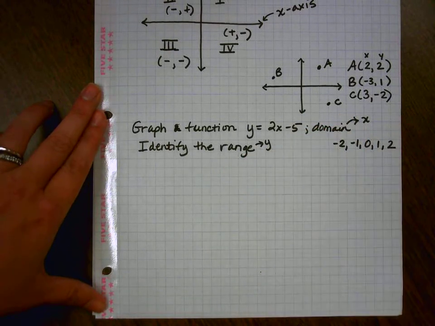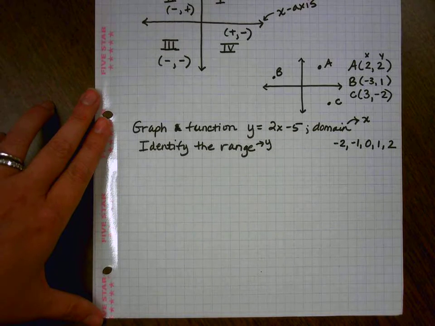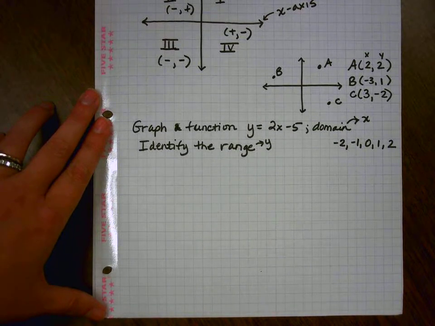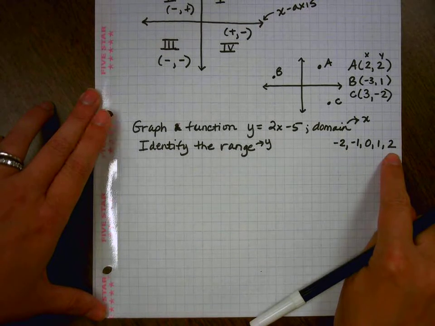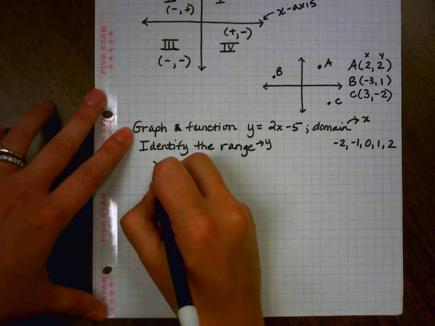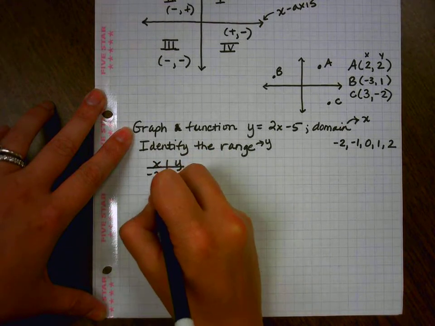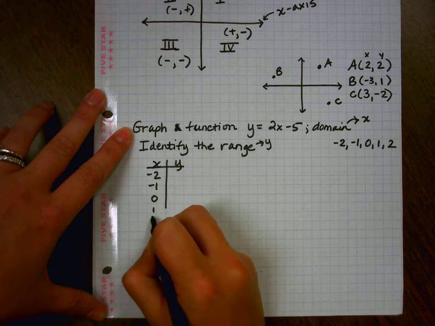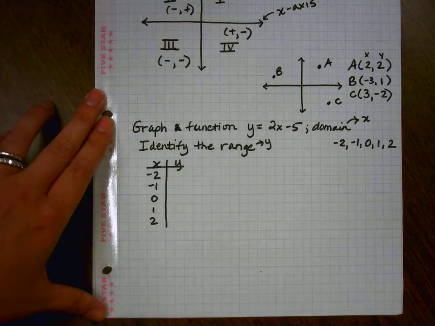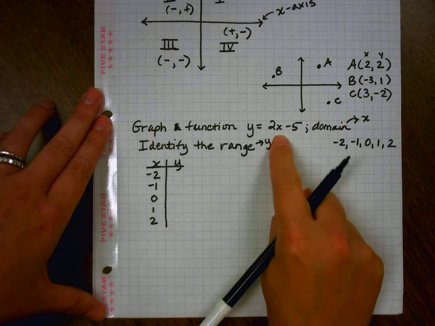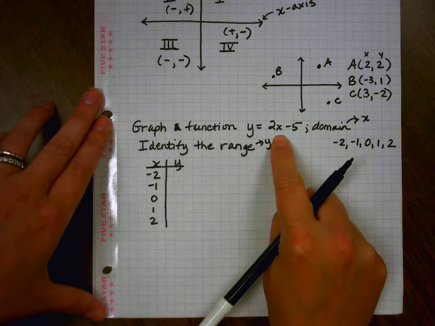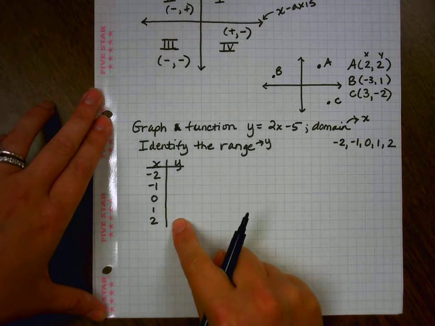Good. Okay. You should have known that last night the first thing you had to do was create a table and put these values in your table. So I'm going to create a table. And then I'm going to plug each one of these into my equation and figure out what my Y values are.